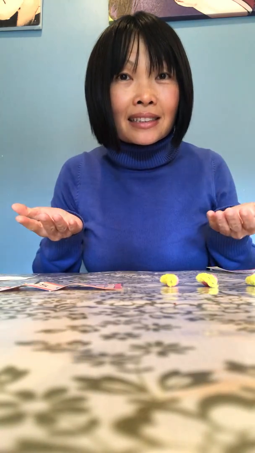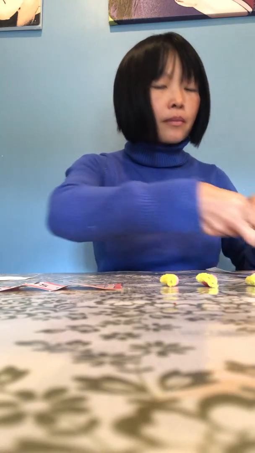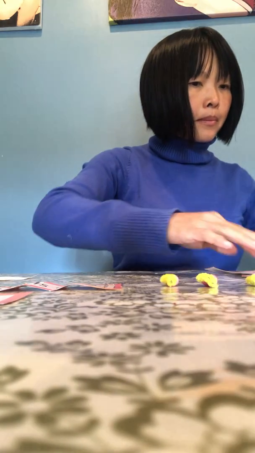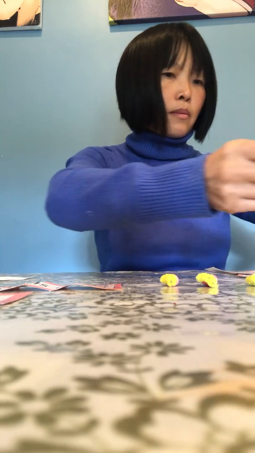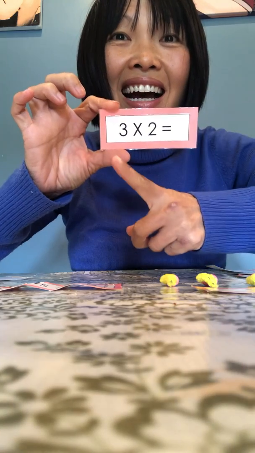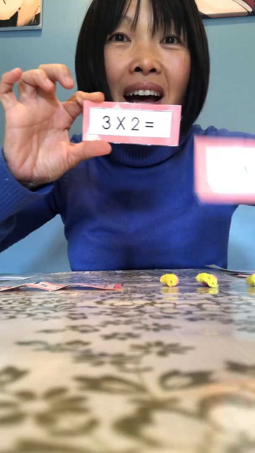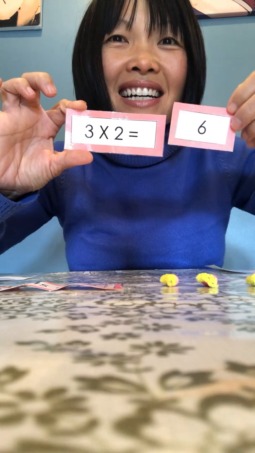Next, I want to show you what that looks like when it comes to a math sentence, a multiplication sentence. Let me back up. 3 times 2 is equal to, oops, wrong number, 6.